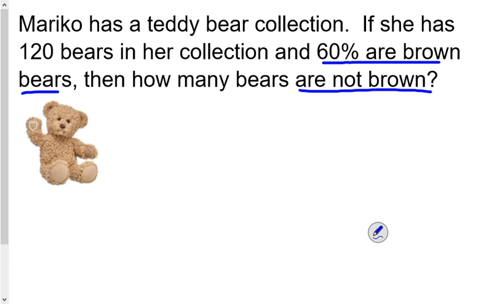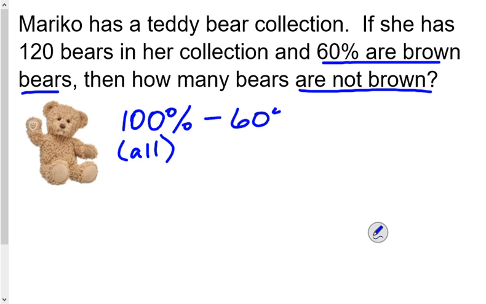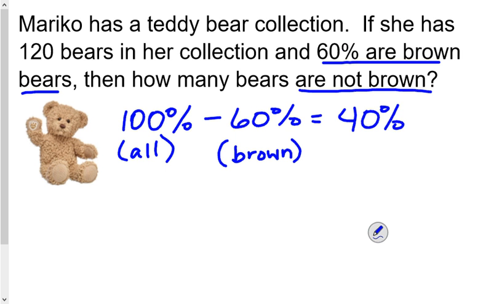So I could start by doing this. There's a few ways I could do this, a few orders I could do it in. I could say, well, 100%, which is all of the bears, minus 60%, which are the brown bears, equals 40%, which are the other bears, or the not brown bears.